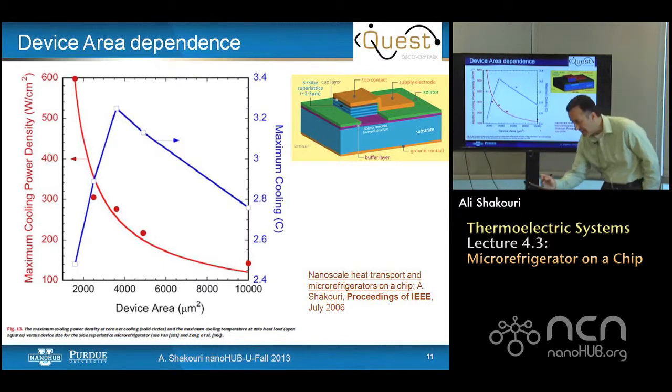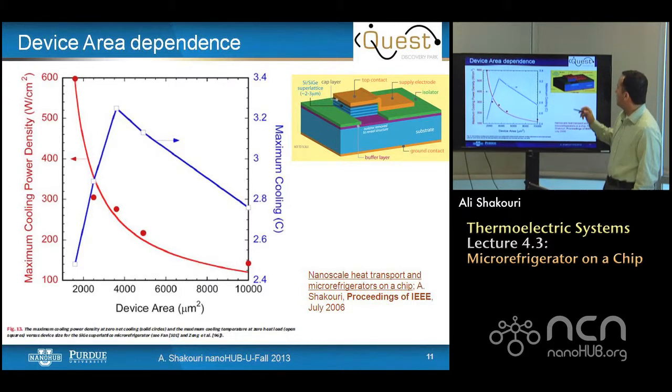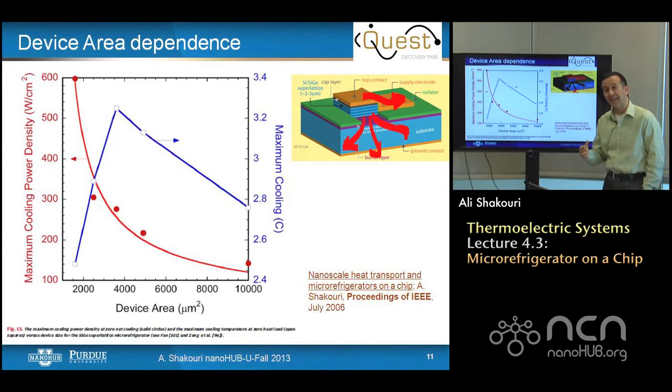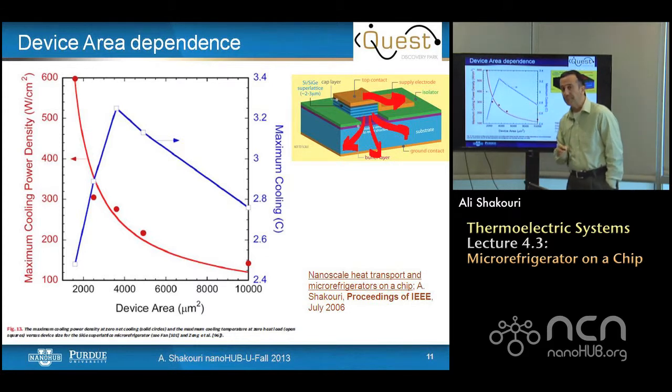You have heat leakage through the side of the device that scales with the square root of the area. You have a heat load on top of the device that scales with area, and you have a thermal resistance due to heat spreading in the substrate that also scales with the square root of area. Because of these non-idealities, you get this type of optimum cooling.